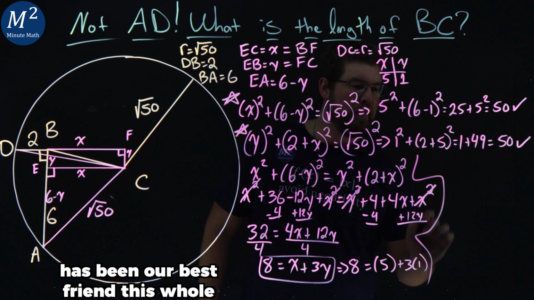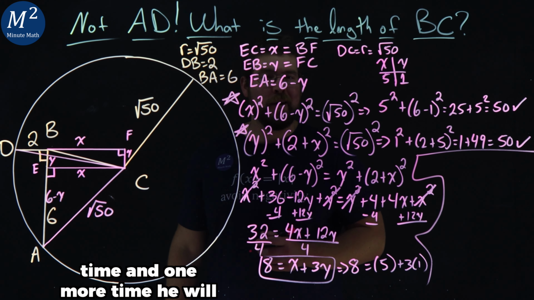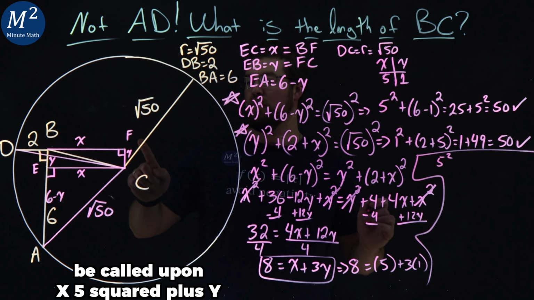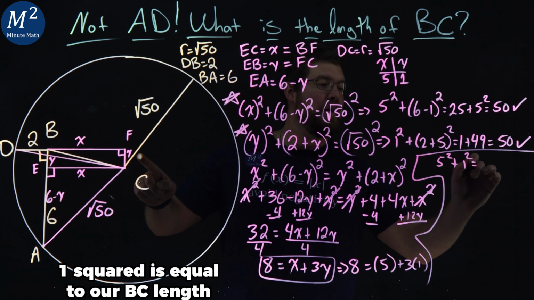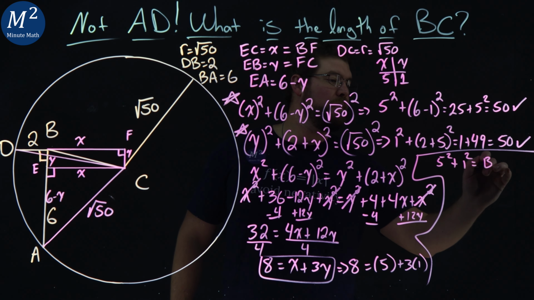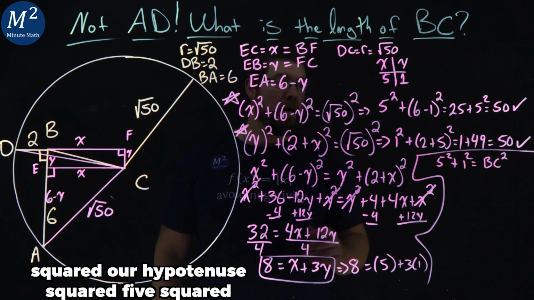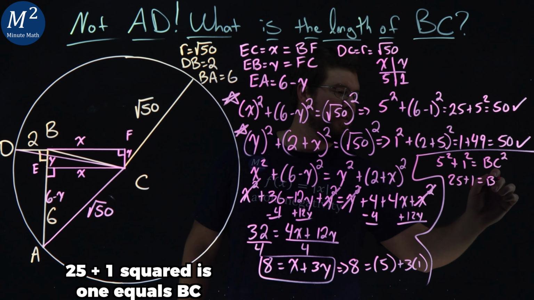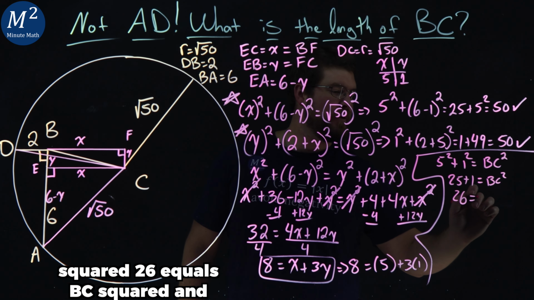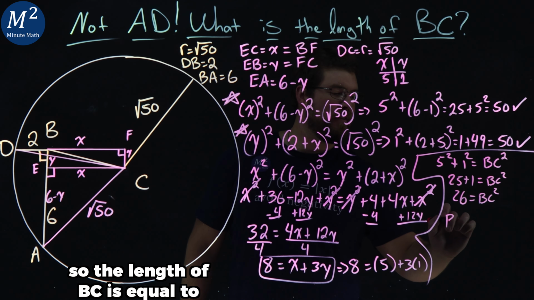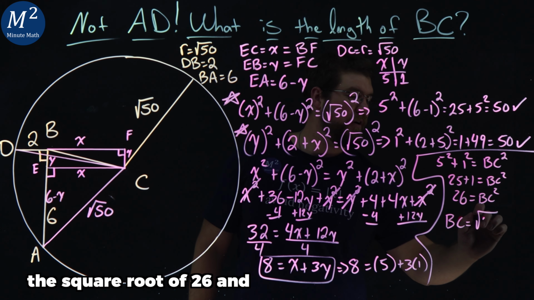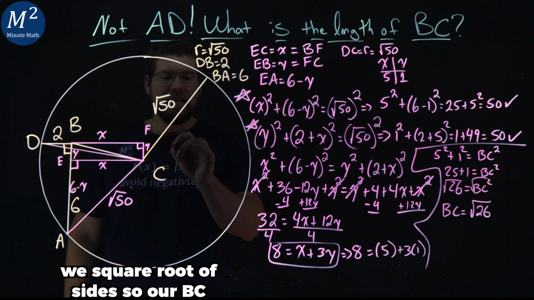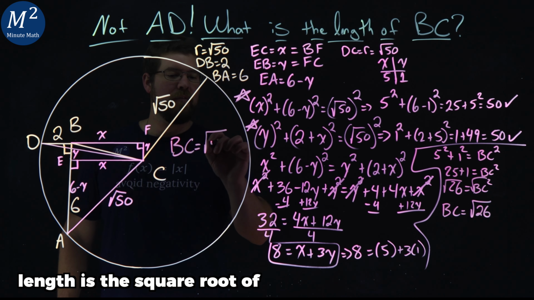Pythagorean theorem has been our best friend this whole time, and one more time it will be called upon. X, 5 squared, plus y, 1 squared, is equal to our BC length squared, our hypotenuse squared. 5 squared, 25, plus 1 squared is 1, equals BC squared. 26 equals BC squared. And so the length of BC is equal to the square root of 26 when we square root both sides.